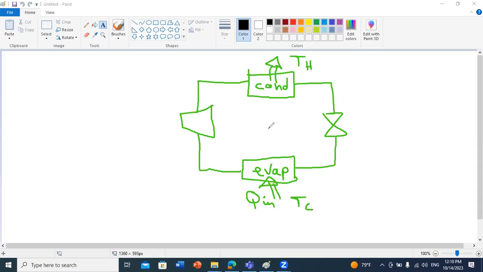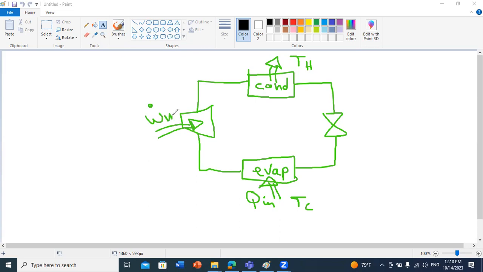This is the main difference between the two systems. Plus, instead of a turbine, which in general produces work, here you will put work on your compressor, because you will provide electrical work in order to extract heat from the cool place and reject heat to the hot place.